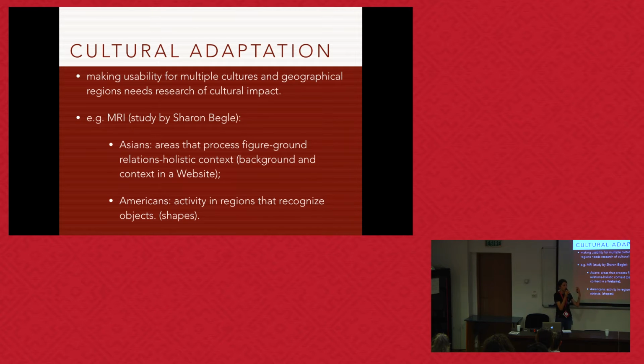more to recognize objects, to shapes. Their brain are working on shapes much more than Asians. You will see a difference. Look just at a shop from Asia. You will see a lot of colors and blinks because they are very attracted to it.